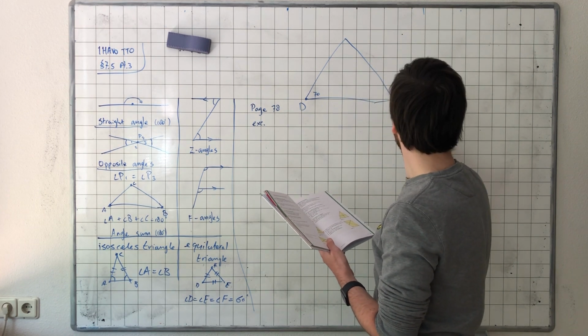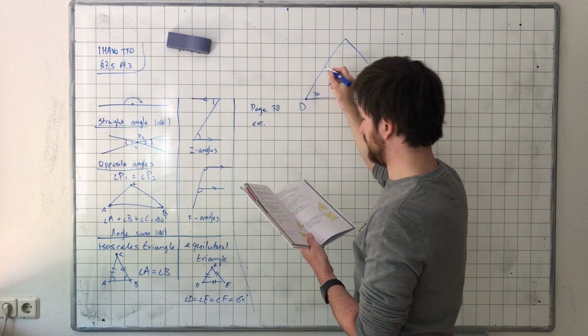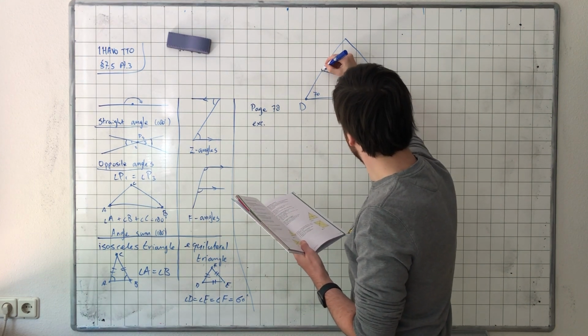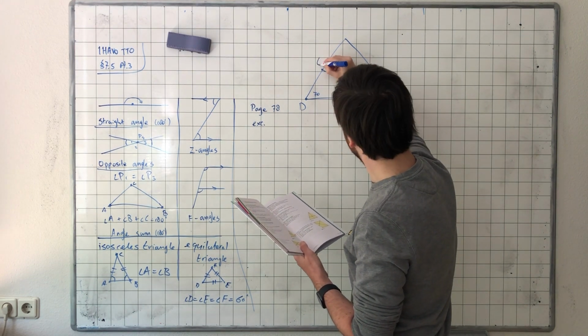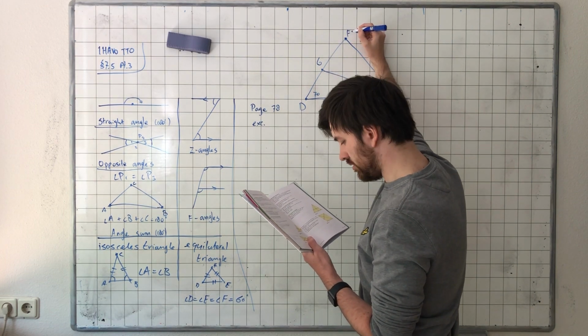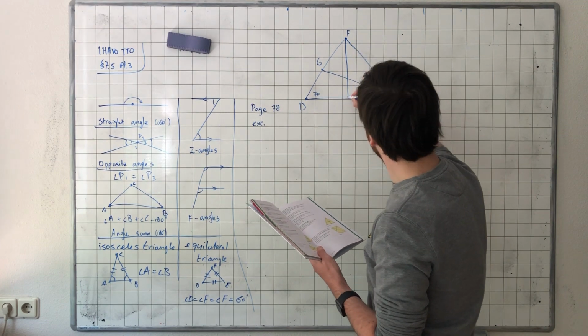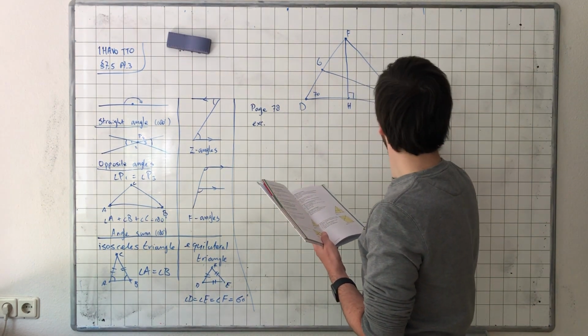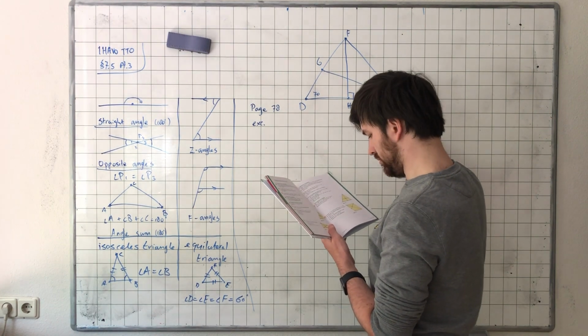This is E. There's a line here to point G. Point F is over here. There's another line down here to point H. These two are equal.